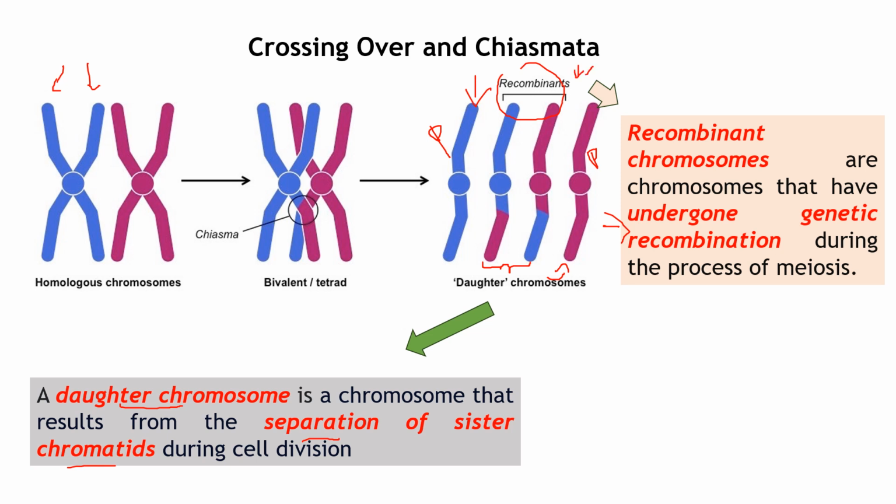There will be very few where crossover actually took place, while the ones that look like parentals will have a much higher percentage. So, for example, if there are 1,000 progeny using fruit flies, depending on the location on the chromosome, you can have 2%, 5%, 10%.